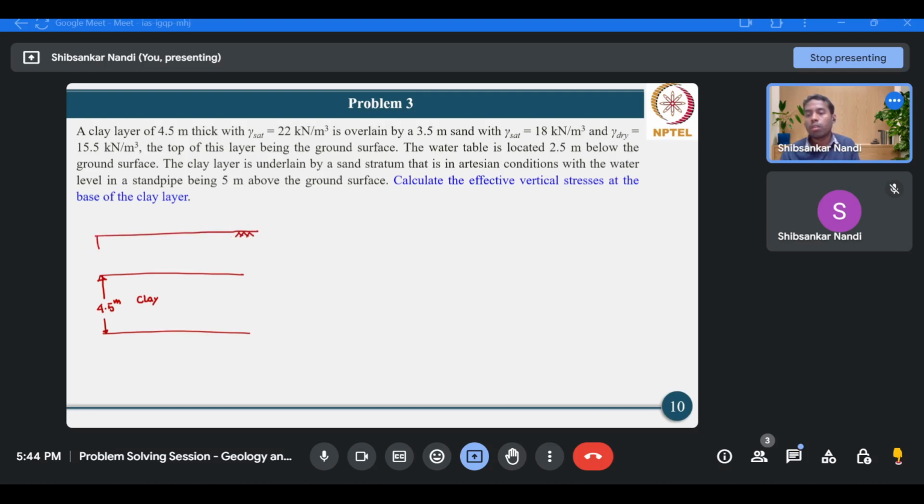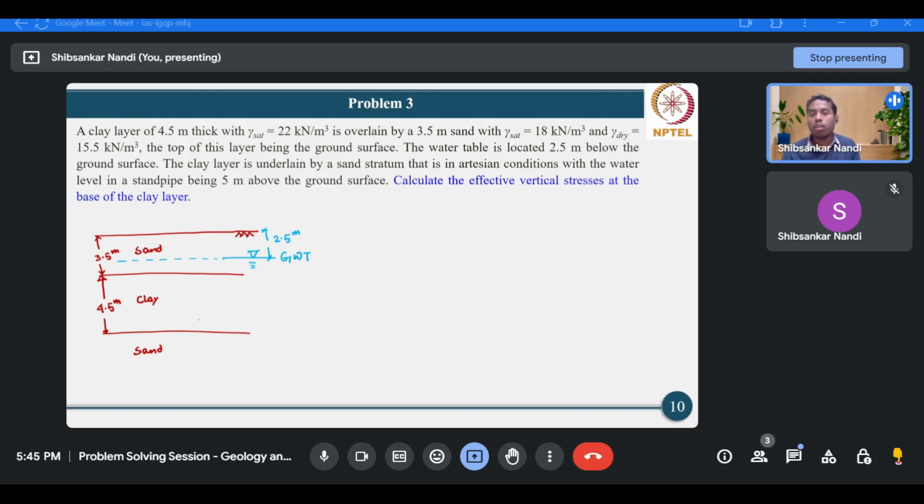So this is one sand layer and this is another sand layer. And the water table location is at a depth of 2.5 meter. Okay. So this is the water table location, and this distance is 2.5 meter.